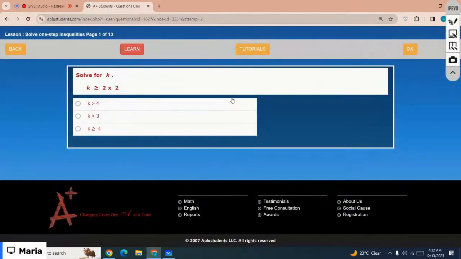Okay, k is greater than or equal to 2 times 2, which is the correct option?